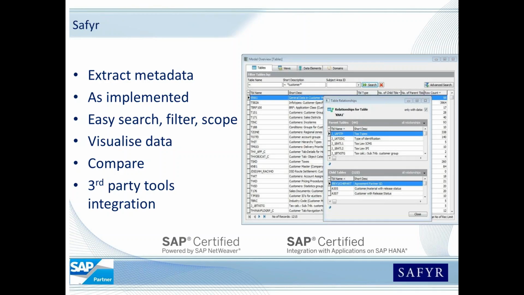Once that task is complete, the connection to the SAP system is cut, the data model is stored, all that information is stored in the Safyr repository, and then there is a set of very easy to use search, filter, scoping functionalities to allow you to get down to the smaller and smaller groups of tables that are actually relevant to what you need to do.